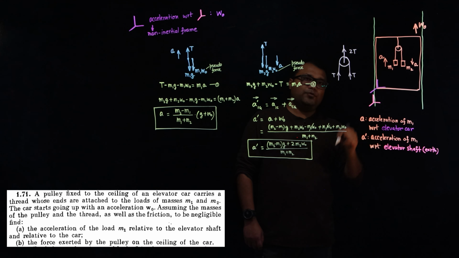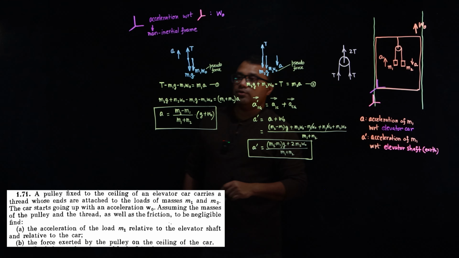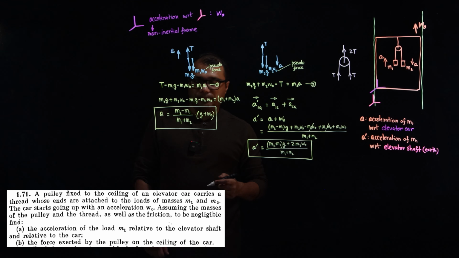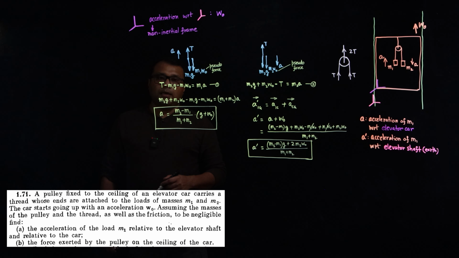So the force with which the pulley pulls the ceiling is equal to 2T. So we have to effectively find the value of T. Okay. So if I know A, I can just put it here in equation 1 and find the value of T. So let's do that.